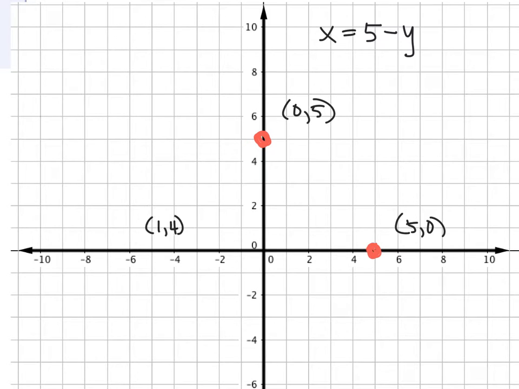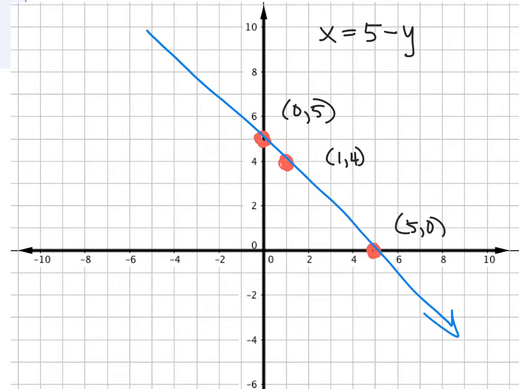This guy is going to be like the correction. It'll either fit on the line or it'll be way over here and we screwed up somewhere. So where is 1, 4? Well, 1, 4 goes right here. And sure enough, you can see that there is our line.